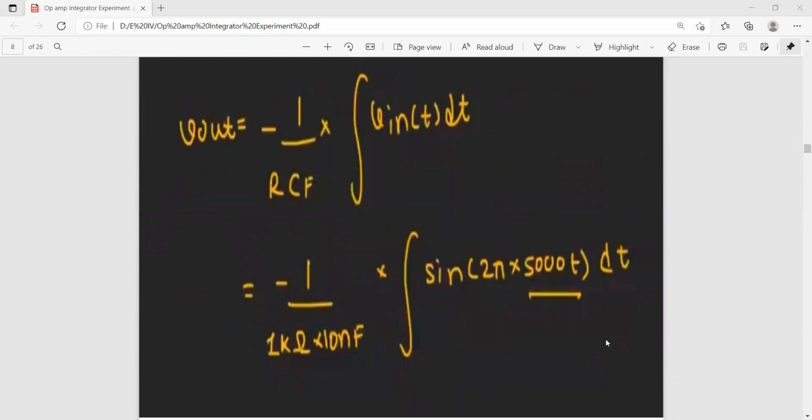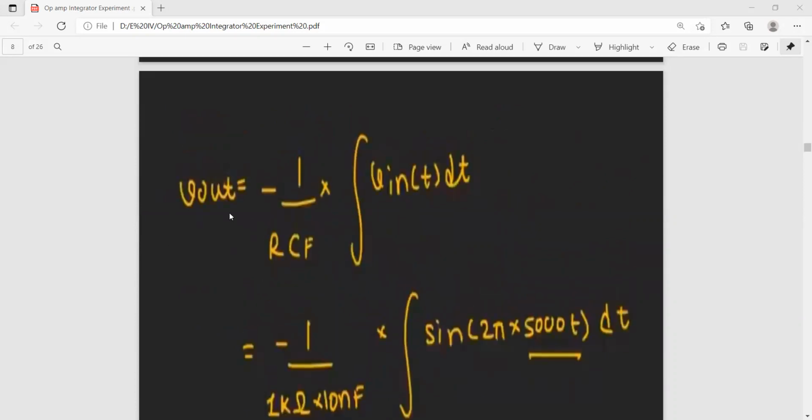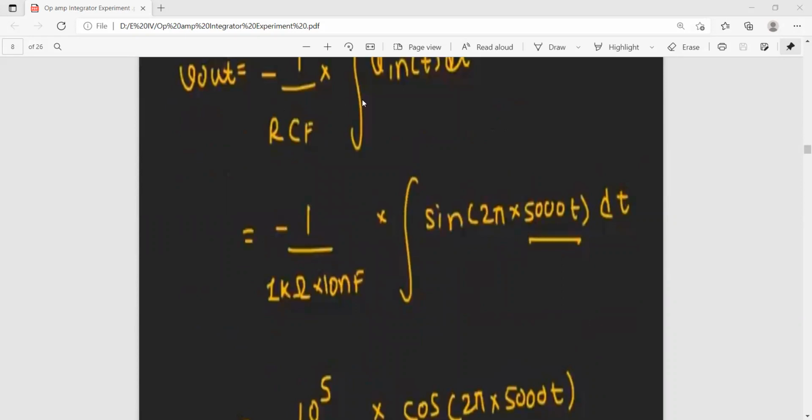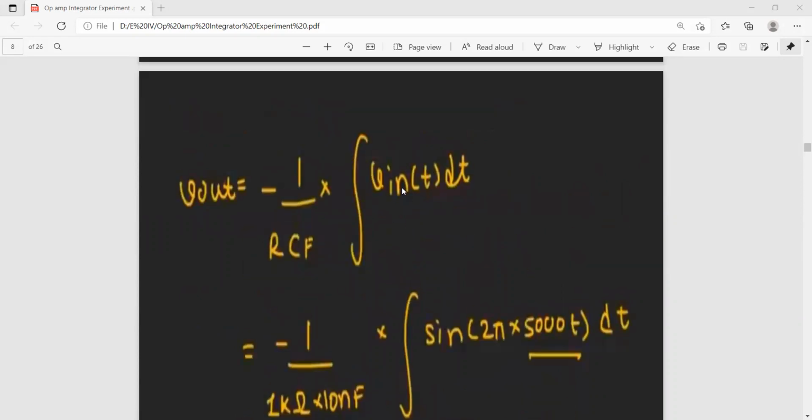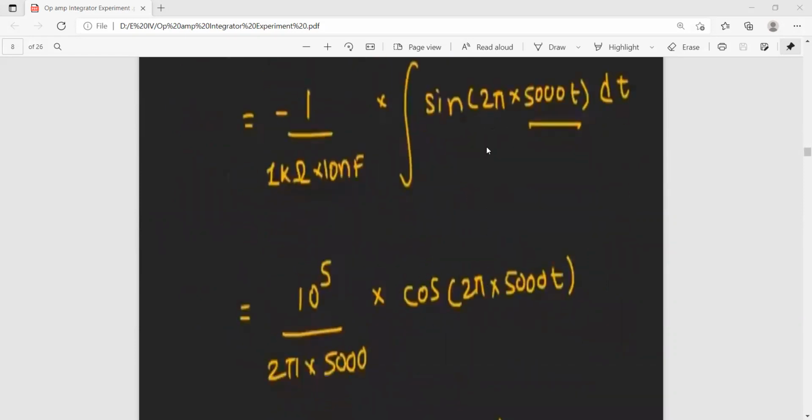Now, if you are applying a sinusoidal waveform, normally the output appears like this. The output is the integration of the input signal. Here your input is Vin equal to sine 2 pi 5000 t, and integrating, the sine integration is cos 2 pi 5000 t.